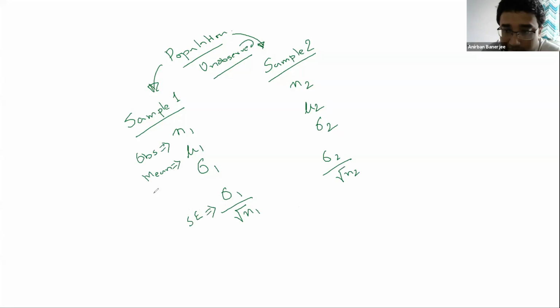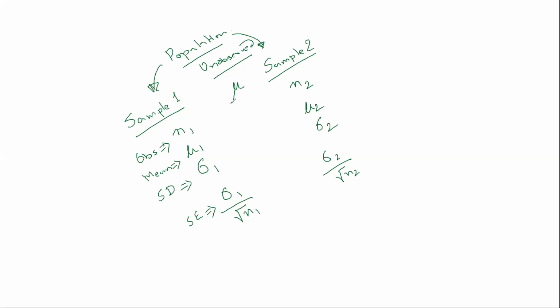Most of you got it correct, but let me try to say what the usefulness of this is. I want to test something. I know this is mu, or I want to test if this is mu.